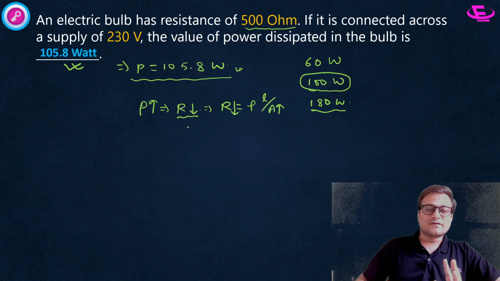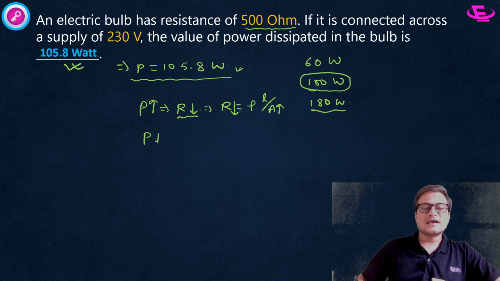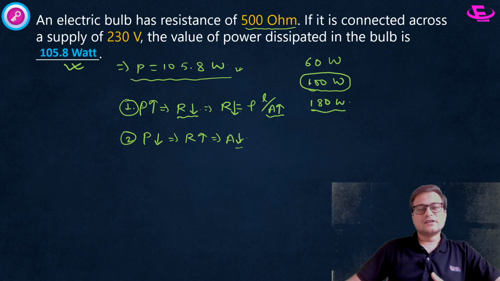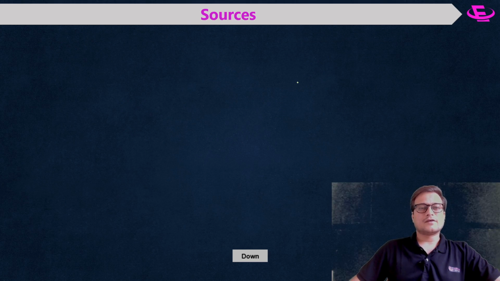It means the filament will be thicker. Next, a bulb has less power. Less power means more resistance. More resistance means the area is less, that means the filament will be thinner. In the first case the filament will be thicker, and in the second case the filament will be thinner. So this is the way to tackle questions on resistance, bulb and power.